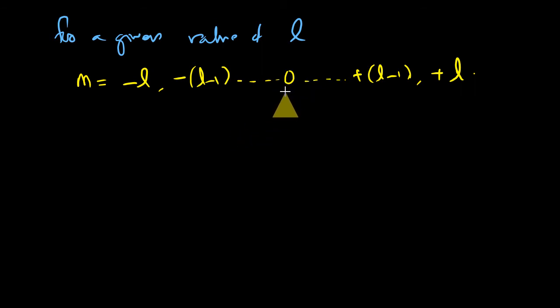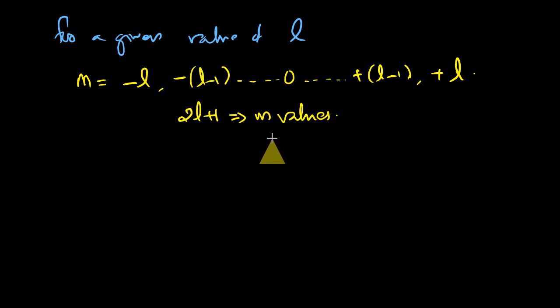To the left of 0 there are L values, to the right of 0 there are L values, and including 0 there are 2L plus 1 values. So there are 2L plus 1 values of m corresponding to a given value of L.